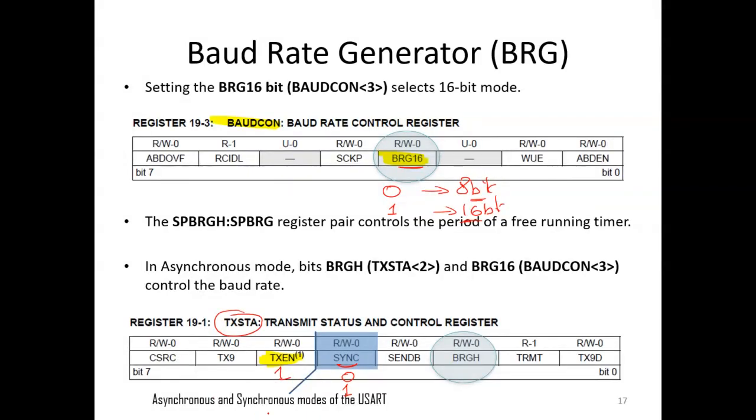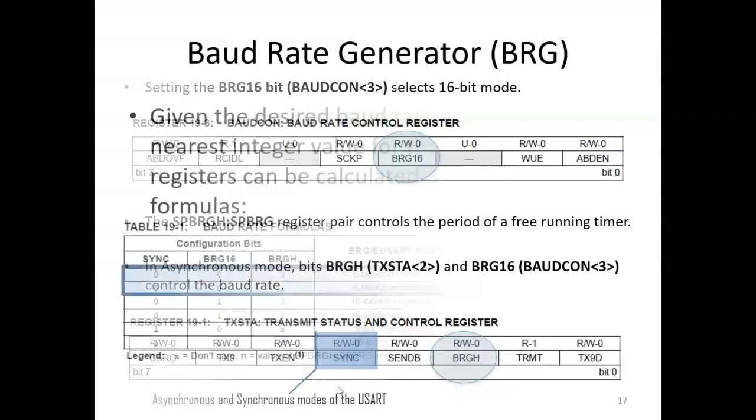If you have 1, it means synchronous mode. And here you have the speed. BRGH, baud rate generator high speed. If this bit is 0, it means low speed. If this bit is 1, it means high speed. Okay, so these are the main bits that we need from these registers.